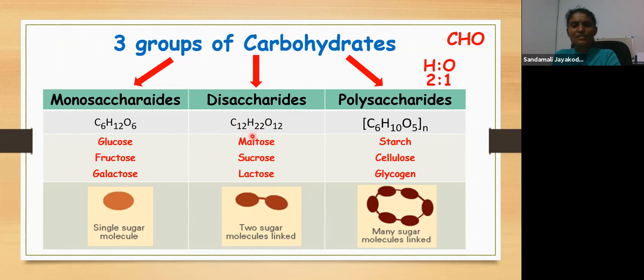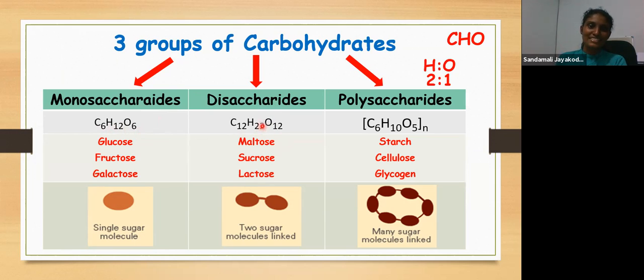So when this disaccharide is formed, a water molecule is removed. The formula of a water molecule is H2O. H2 means two H atoms. So when we add C6H12O6 and another C6H12O6 together, it will make C12H24O12.